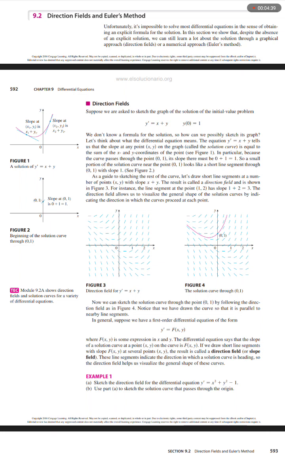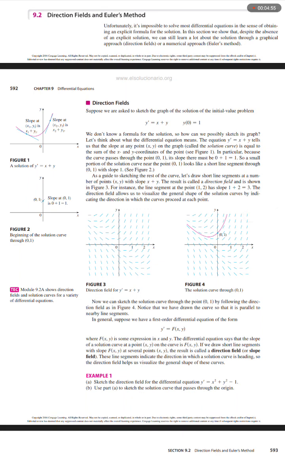In general, suppose we have a first order differential equation in the form y prime equals F(x, y), where F(x, y) is some expression in x and y. The differential equation says that the slope of a solution curve at a point (x, y) on the curve is F(x, y).